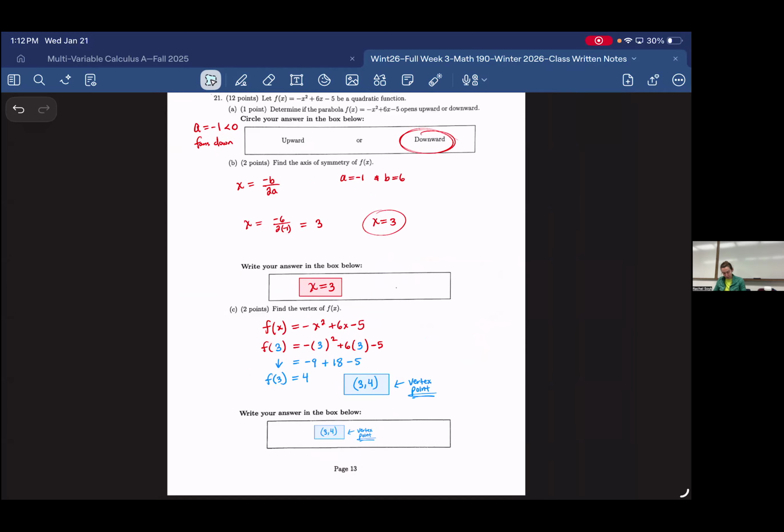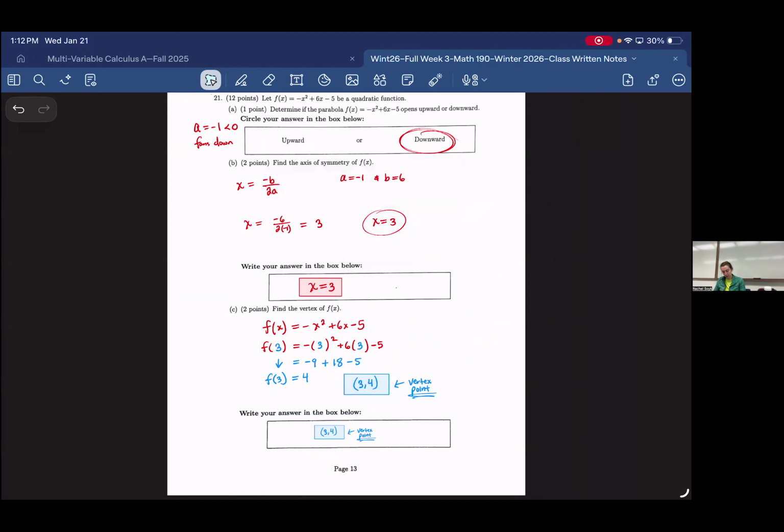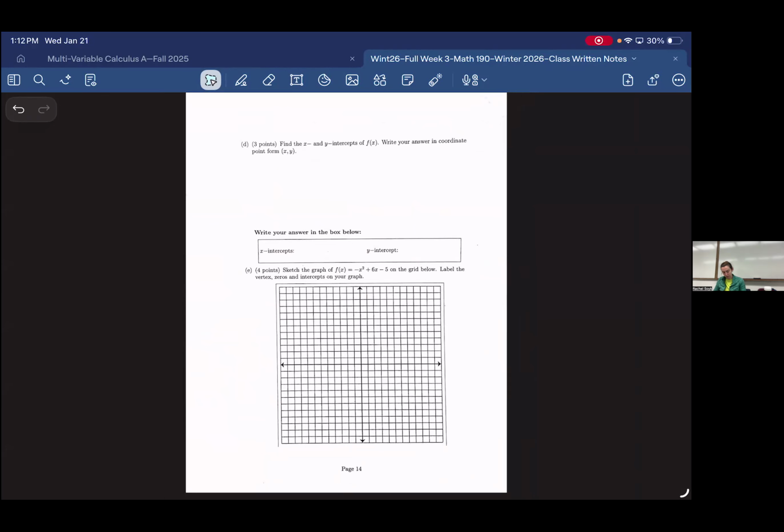I'm going to bring some of this information over to the next slide. We're definitely going to need it for the graphing.